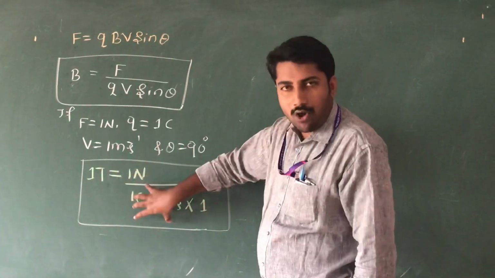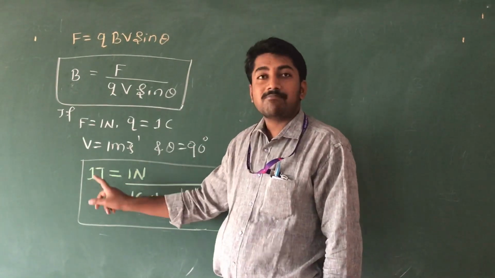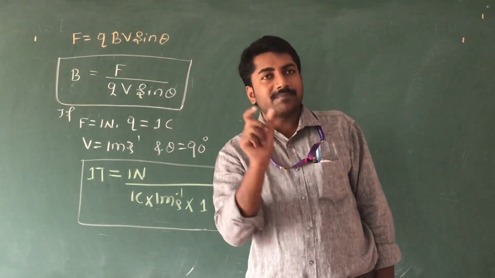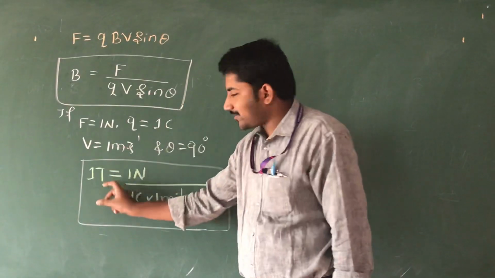Then it is called 1 Tesla, the SI unit of magnetic field. This is the definition of the SI unit of magnetic field.